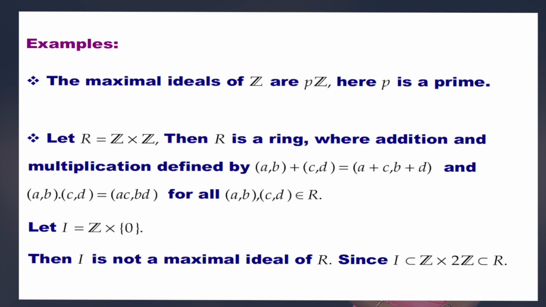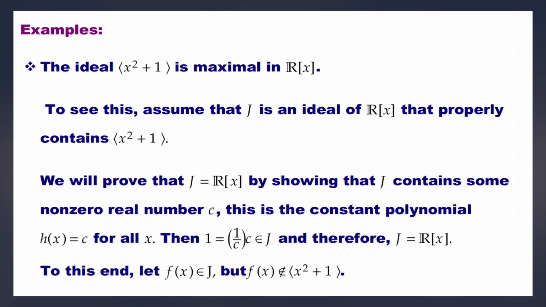which is a subset of R. The ideal generated by x squared plus 1 is maximal in R[x]. To see this, assume that J is an ideal of R[x] that properly contains the ideal generated by x squared plus 1.